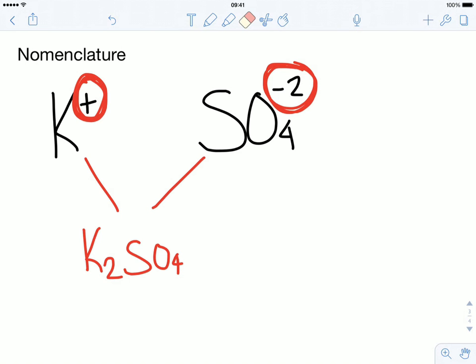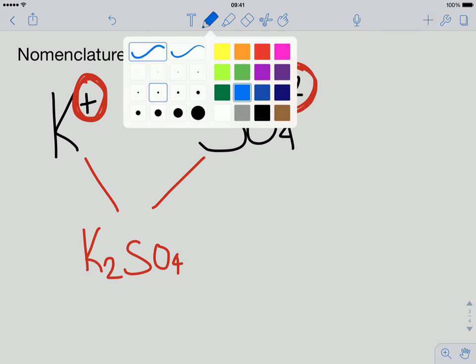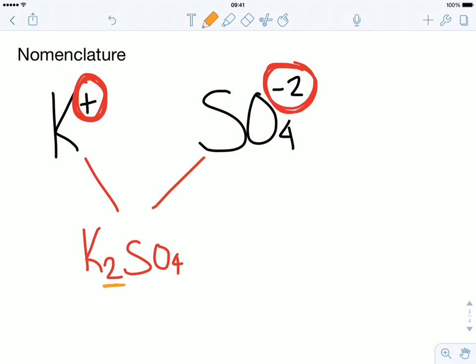Just remember, like in this example, I had to add a 2 here as a subscript for the charges to cancel out. I don't want to put it as a coefficient, because that's something completely different. So remember, when you're trying to get charges to cancel out to equal 0, you do that by manipulating subscripts.